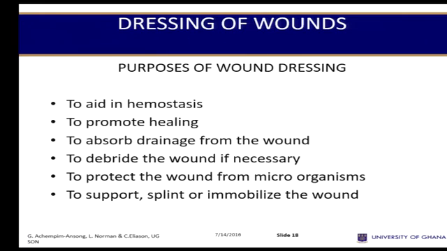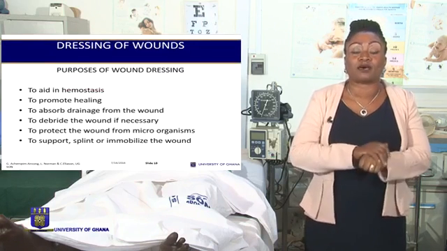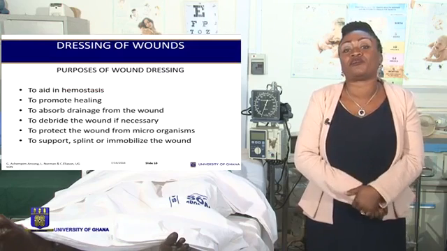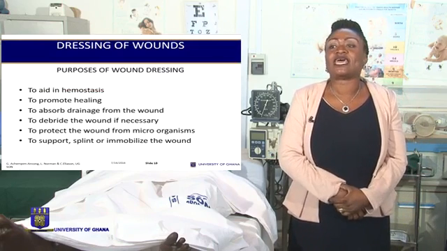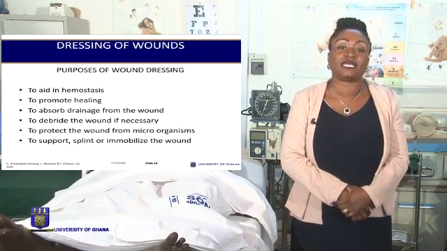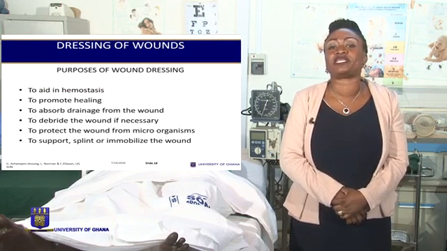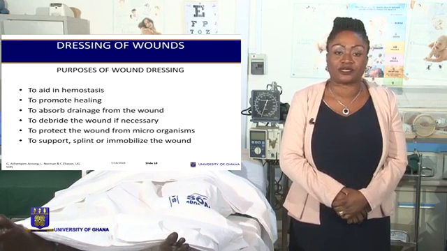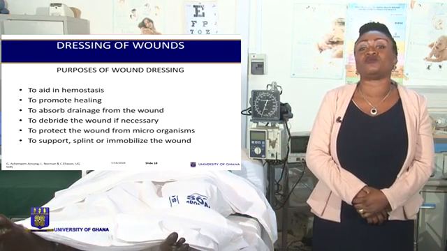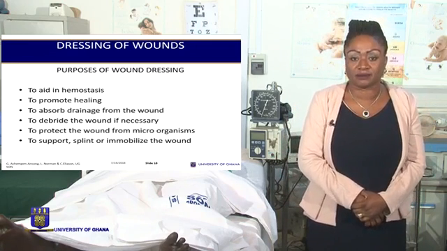Purposes of wound dressing. 1, wounds are dressed to aid in hemostasis, and that is, it helps arrest hemorrhage because the pressure dressing applied to the wound will help prevent bleeding. It is also done to promote healing, absorb drainage from the wound, to debride the wound if necessary, and also to protect the wound from microorganisms.